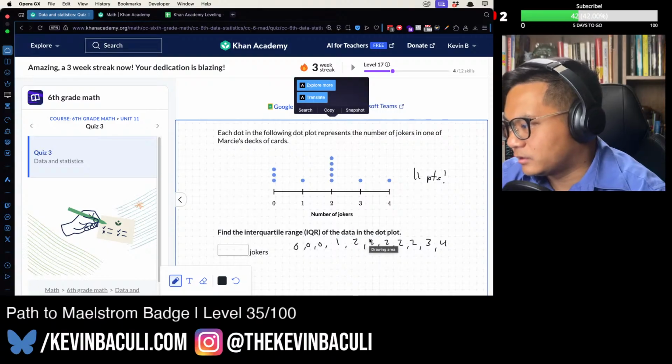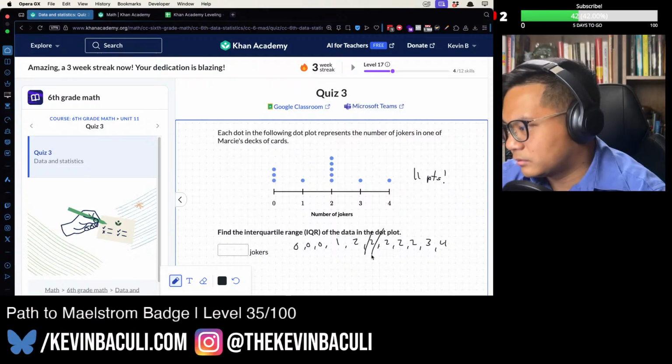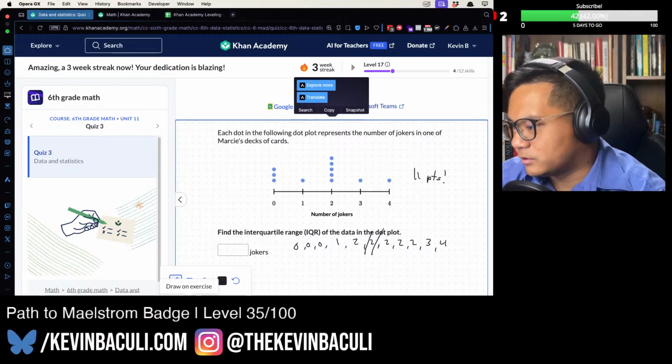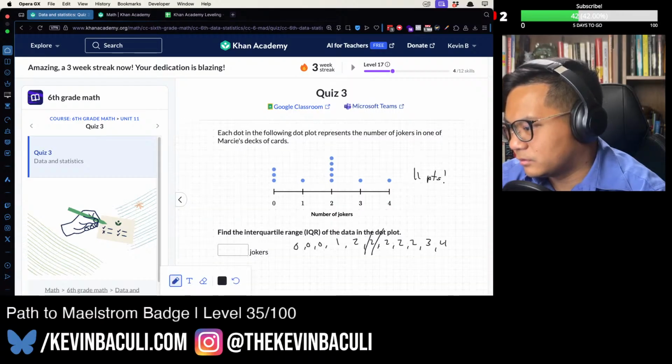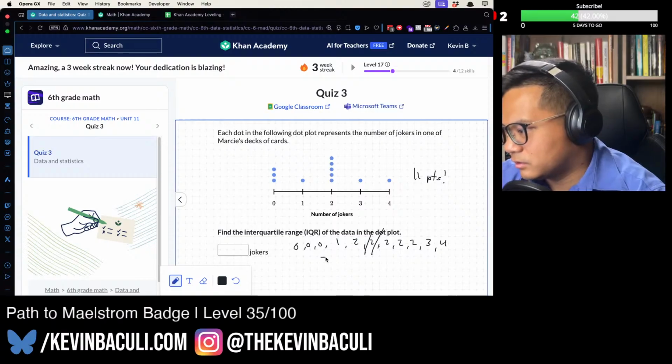So find the median. Find the median of these numbers. So 3. So this is 3/5. This is 13.